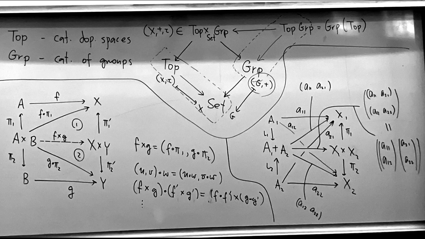So if I relabel my things to make the matrix more apparent, I can call these ones A1, A2, and this I can call X1 and X2.